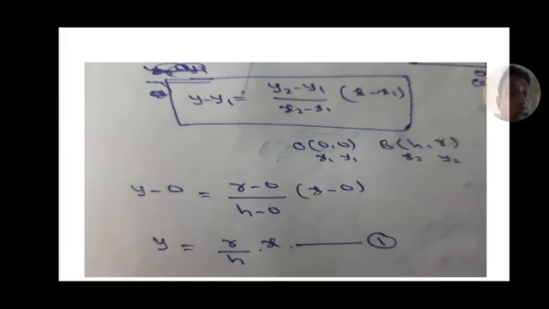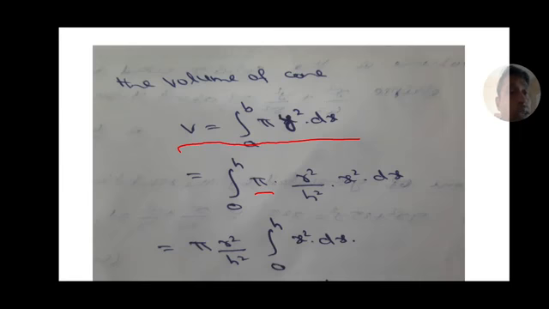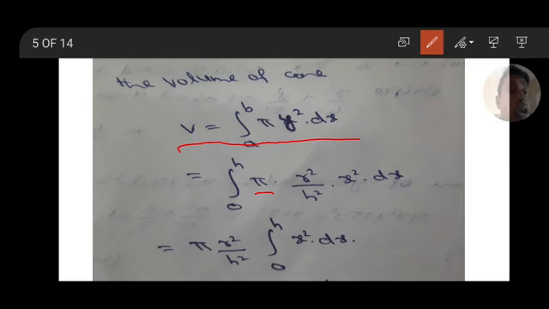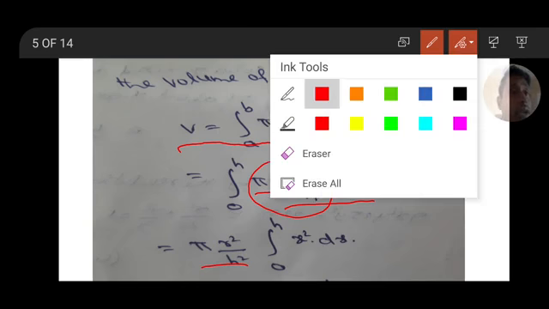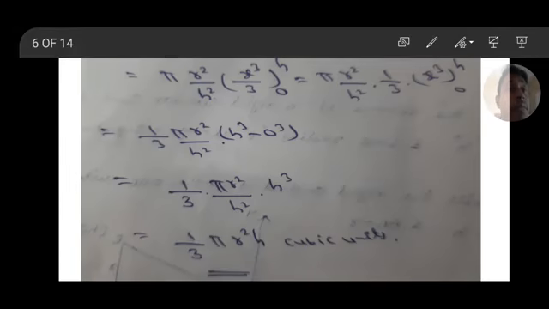Y square means r square by h square into x square, dx. This is pi into r square by h square, which is constant, outside, integration 0 to h x square dx. Next, pi into r square by h square.